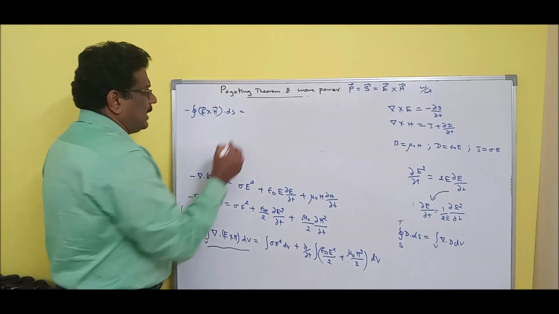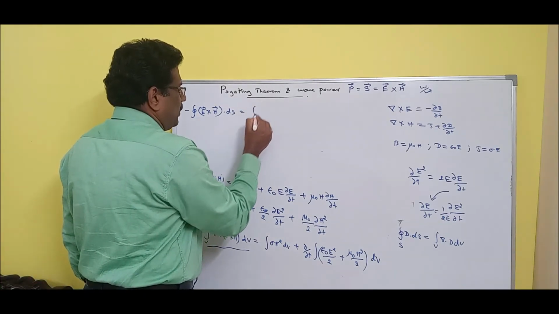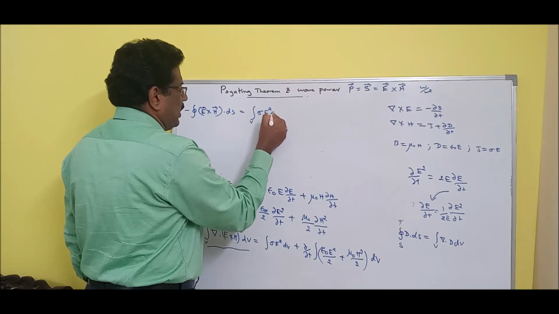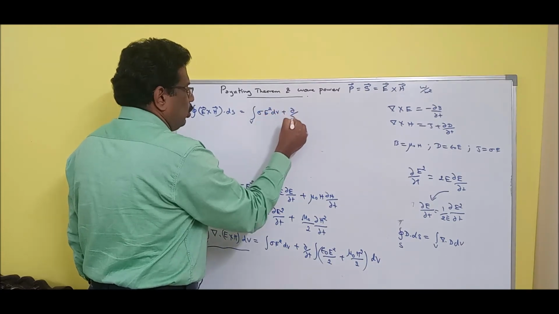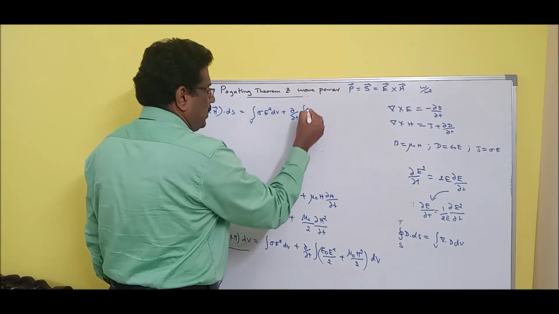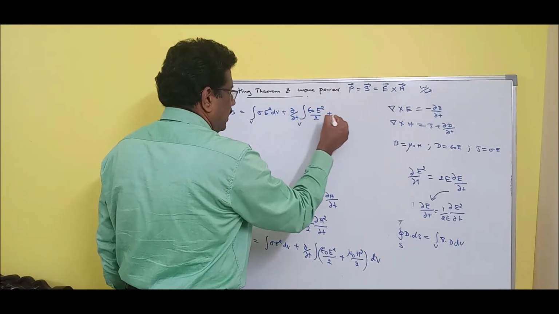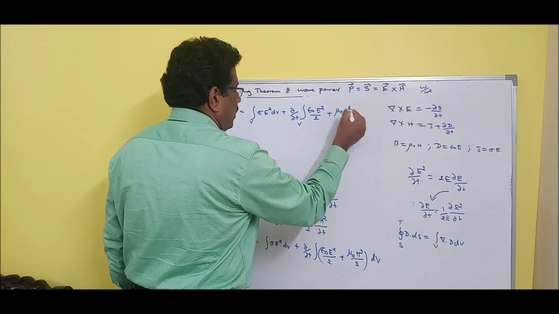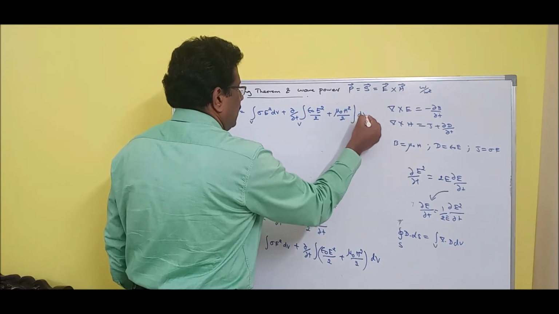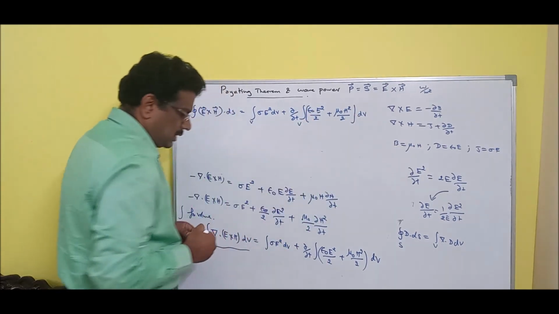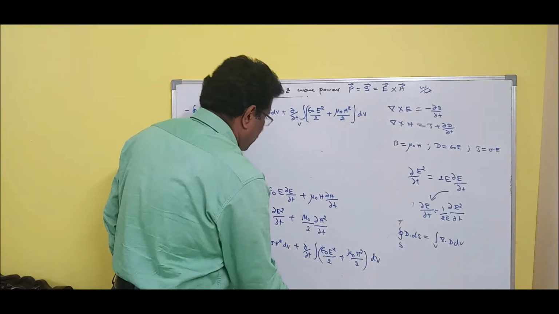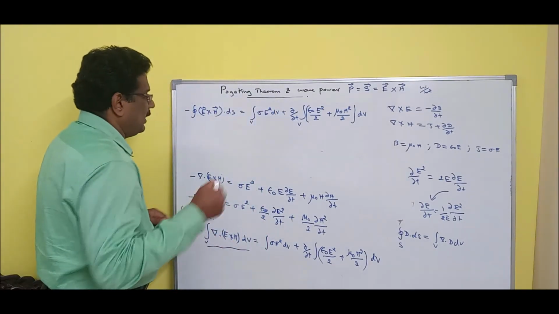That's all. The right hand side remains the same: volume integration sigma E square dV plus dou by dou T of volume integration epsilon naught E square by 2, half mv square, plus mu naught H square by 2, the same formula, dV. Okay, so just try to copy down this particular equation carefully.